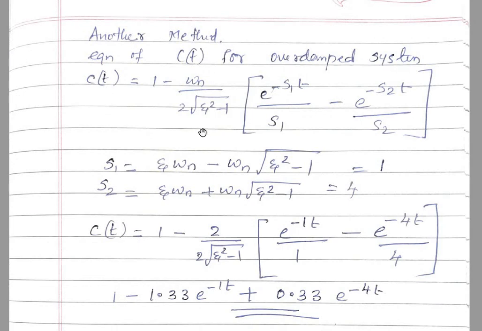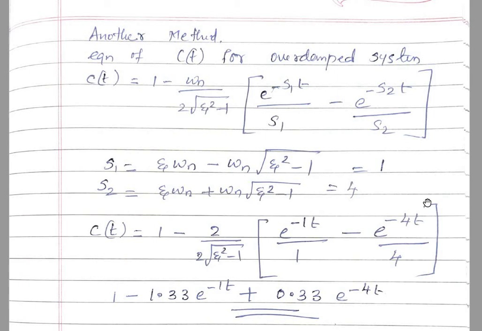The direct application of this equation to find the expression for C of t requires you to remember it, and it is a little bit long and somewhat difficult to remember. So, it is always easier to do the problem by the first method, finding the output response in s domain and then taking the Laplace inverse.